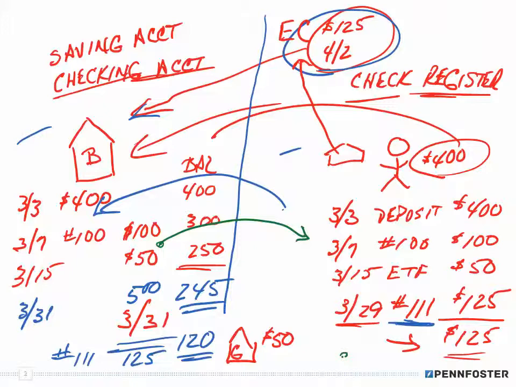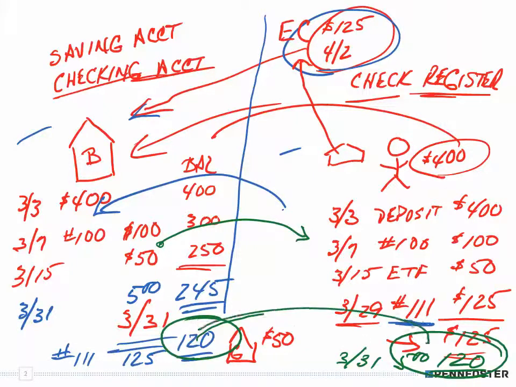So we're going to see that service charge of $5 on 3/31, and we're going to adjust our balance to $120 here, with the idea being that when we account for those differences between the bank and your check register, that balance, the 120 and this 120, should be the same. If they're not, there's a mistake somewhere and it needs to be found.